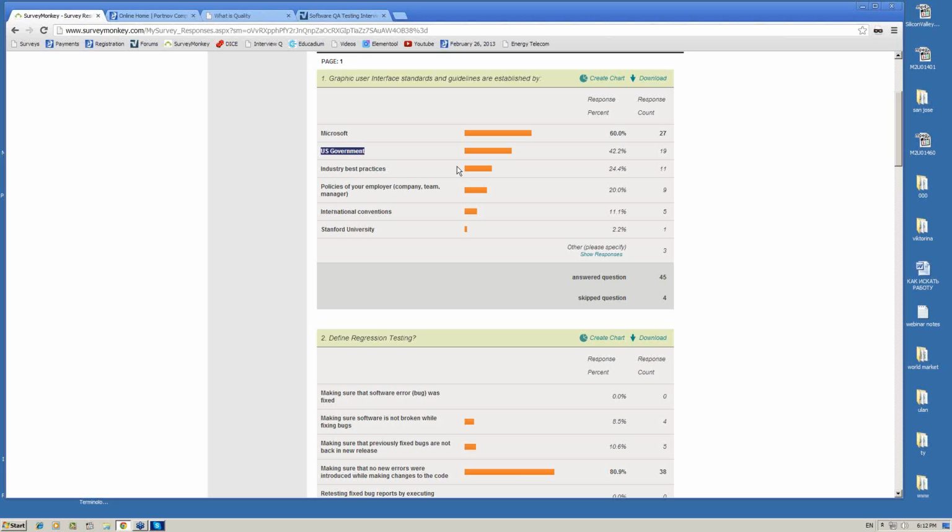Then we have industry best practices. If you ask yourself, how old is the government standard? How old is the Microsoft standard? Might be 5 years old. Lots of things happen within 5 years. Guys, sometimes changes are so dramatic. It might take 50 years.